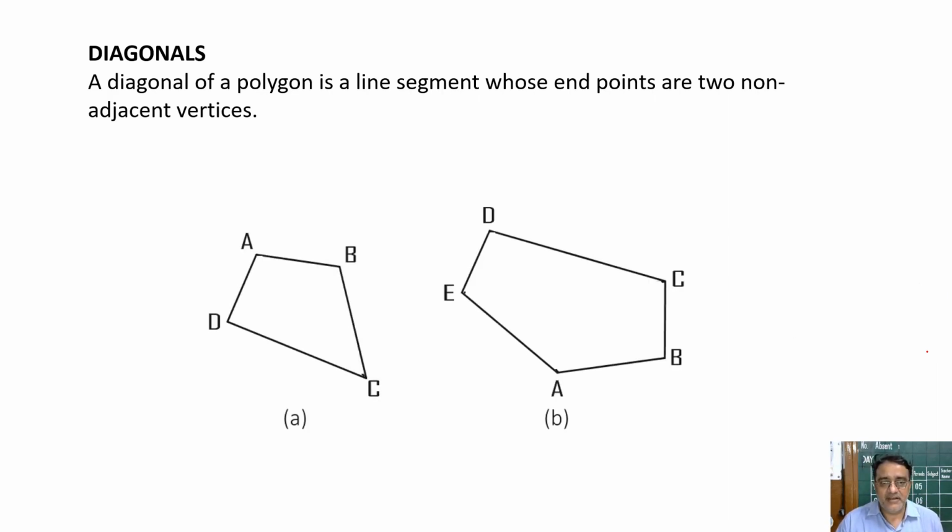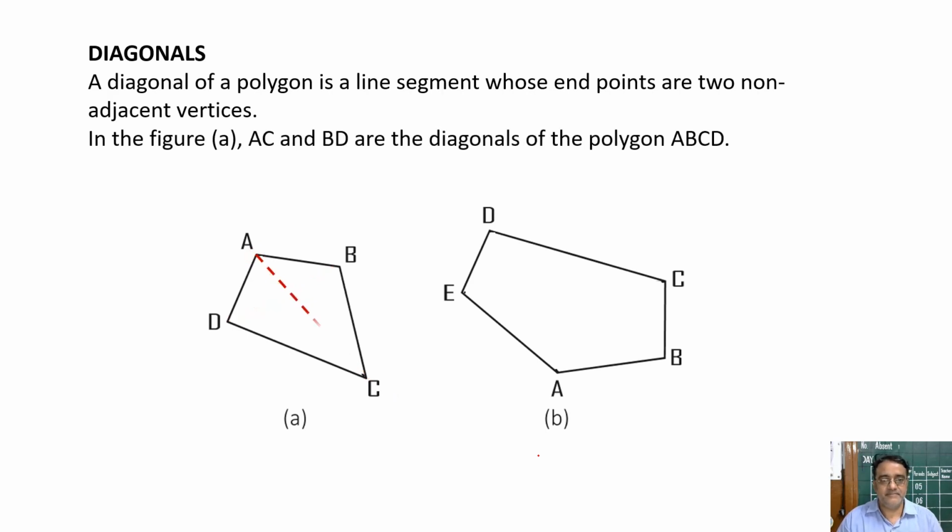So in this figure, see this is figure A and figure B. In this, B and D are non-adjacent vertices, and A and C are non-adjacent vertices. Now if we join these two pairs of vertices, we get two diagonals. This is the first one and this is the second one. So AC and BD are the diagonals of this polygon ABCD.